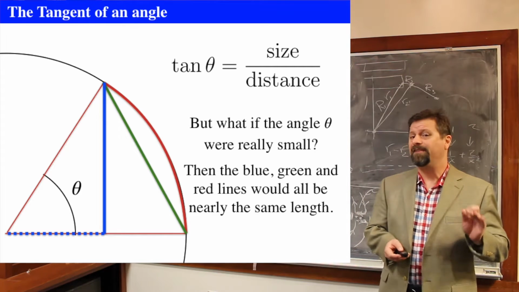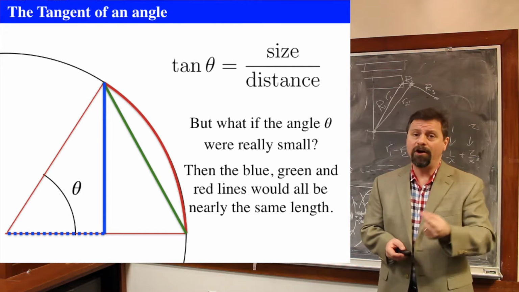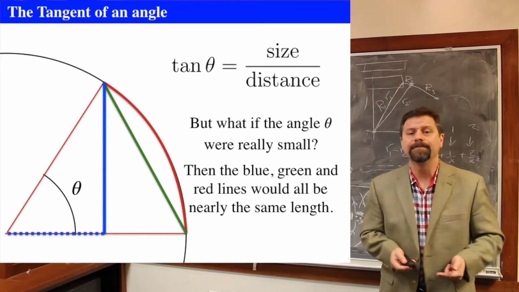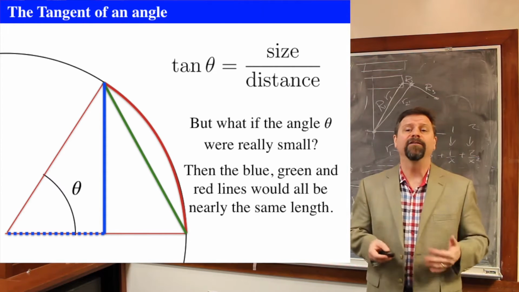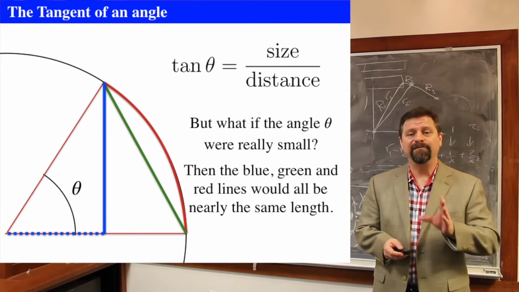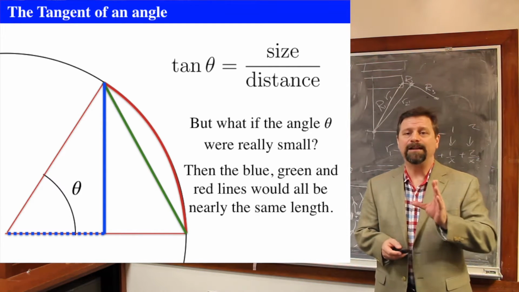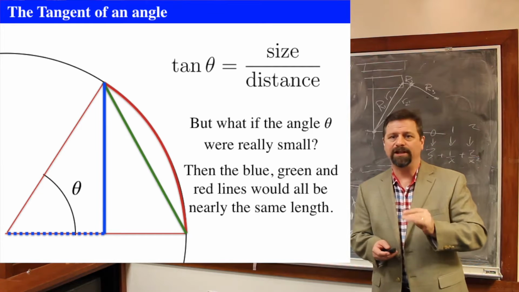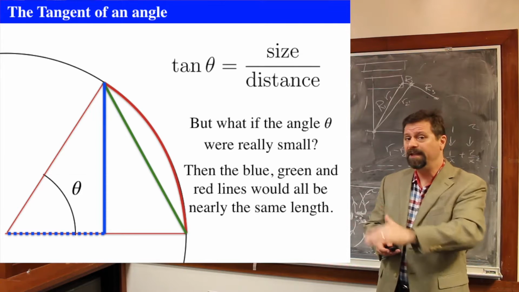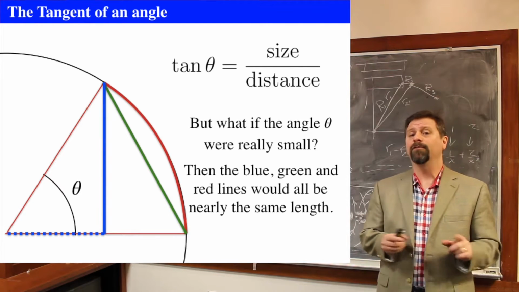And then we can look at the actual chord on the circle, which is the red line that is on the circle itself. So these three things are three separate lengths. Now, what happens if we let the angle theta get really, really small? Well, the dashed line gets really close to being the entire radius.